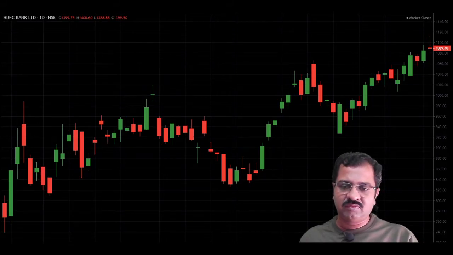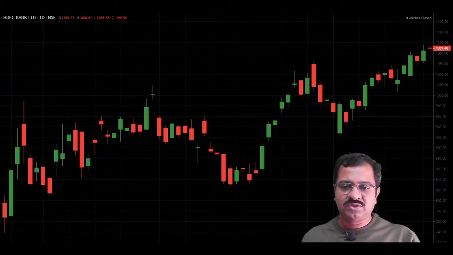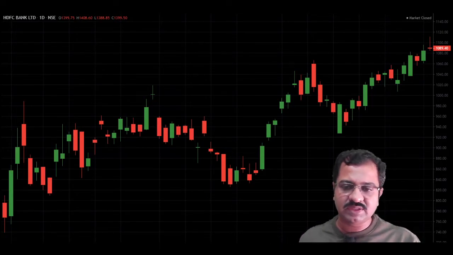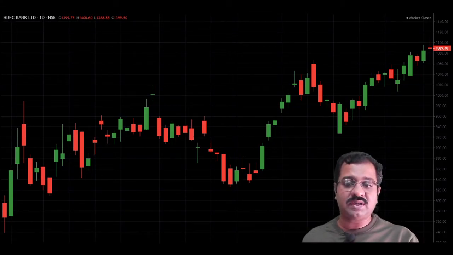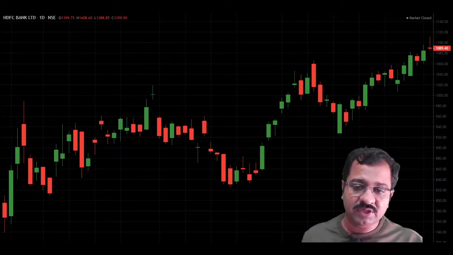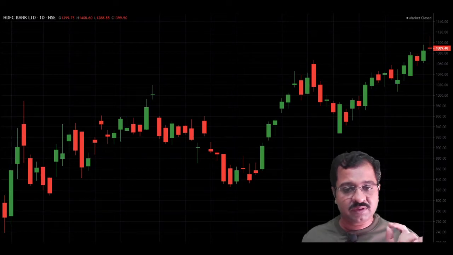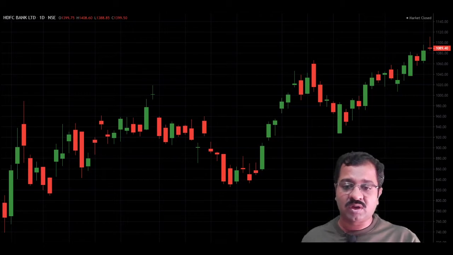And when this kind of candle forms, it means that now the sellers' strength is going away. Buyers are also coming in. At lower levels, buyers are pushing the prices up. That's why this pattern forms. So it is very important to understand where the candle is forming.